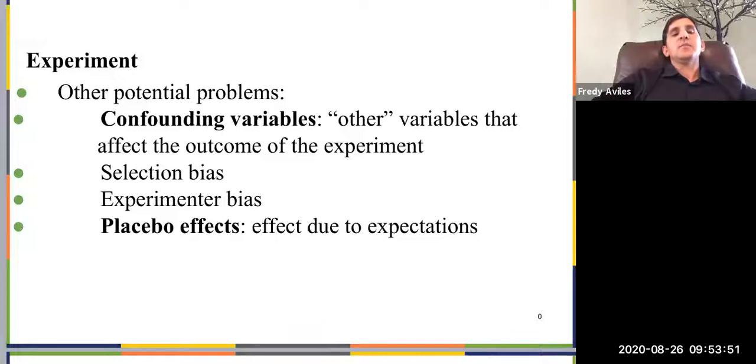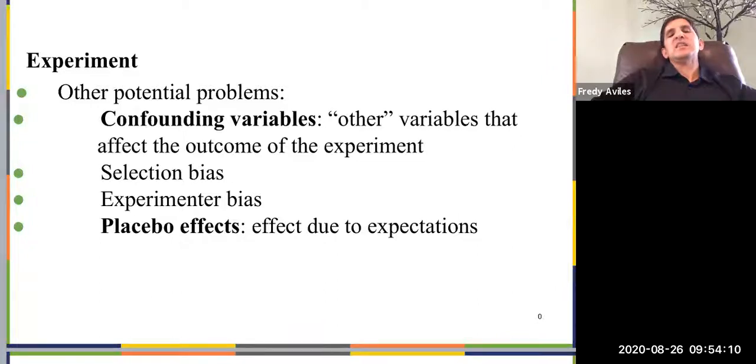And because the experimenter knows that, he could, unknowingly or on some unconscious level, purposely make it so the experiment works out as he or she predicted.